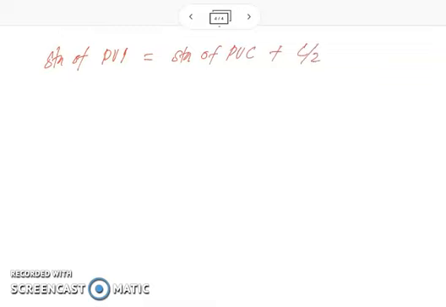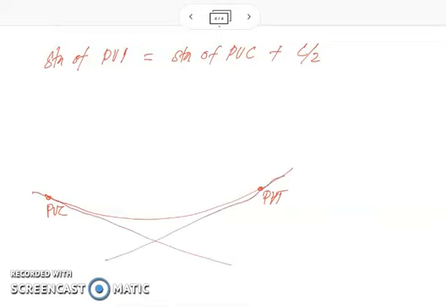Because if we have the sag curve, this will be PVC, this is our PVT, and we have the tangents of the initial and final grade. This will be our PVI. So it is length over 2, because that is on the midway. So this is L over 2, L over 2.